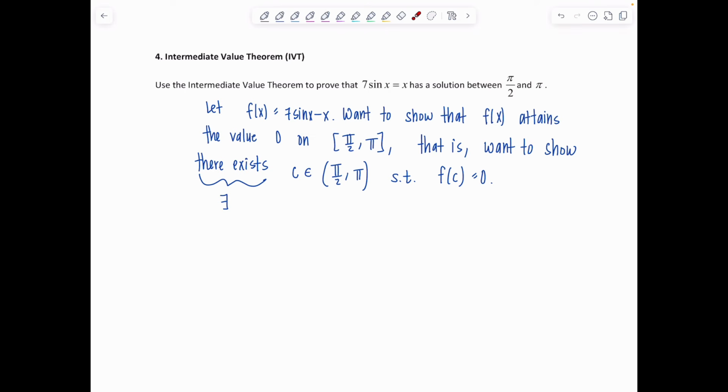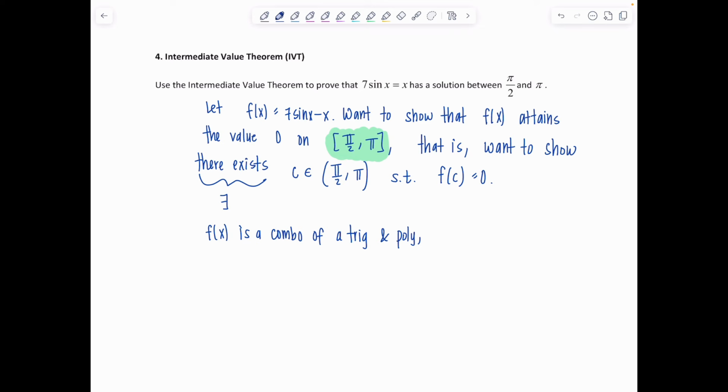Cool, right? So in order to apply the intermediate value theorem, first we have to verify that this function is continuous on the interval, in this case pi/2 to pi. Well, you don't have to use your 3-part definition of continuity. No. All you need to do is use a theorem that tells you this function is continuous on its domain and identify what kind of function we're dealing with. So f of x is a combination of a trig function, 7 sine x, and a polynomial.